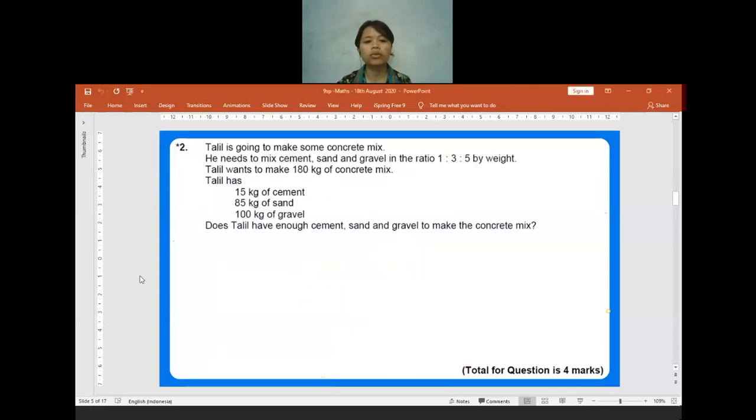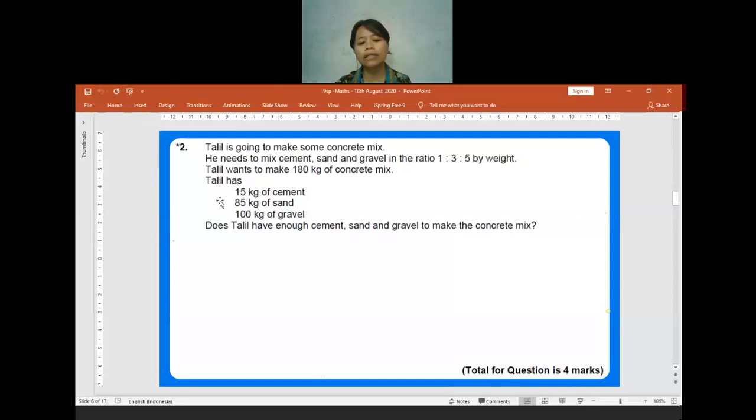Now for the question 2, there is a person named Talil. Talil is going to make some mixture that is made from cement, sand, and also gravel. The ratio is already given 1 to 3 to 5 by each weight. And then in total, the concrete is 180 kg.